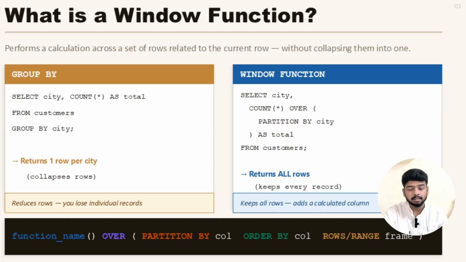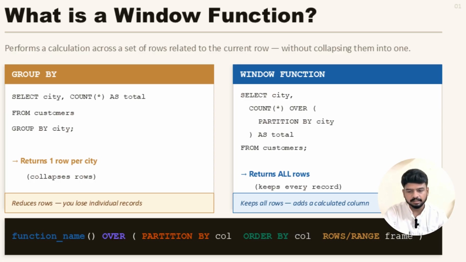You still see Rahul, you still see Priya, but each row has a city total sitting right next to it. That's the power. You get the aggregated insights and the individual rows together. You don't need to choose one, you get both.